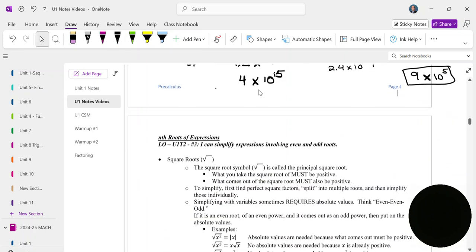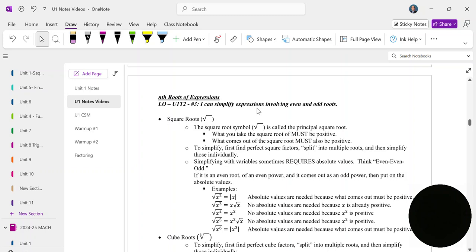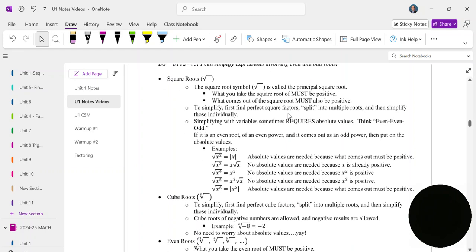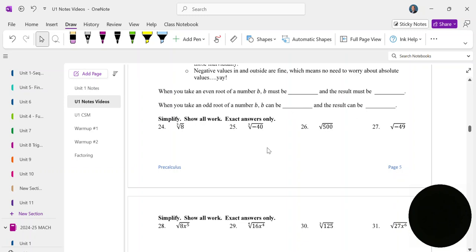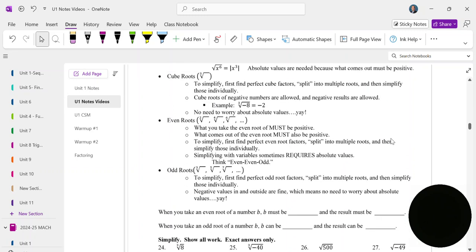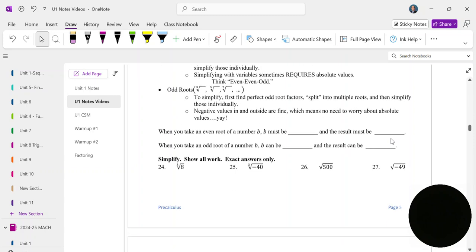All right, talking about radicals and how to do square roots, cube roots, simplify with variables. One of the rules is when you take an even root of a number, b must be positive, right?